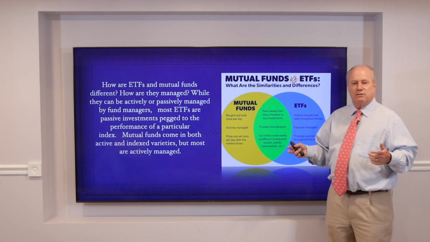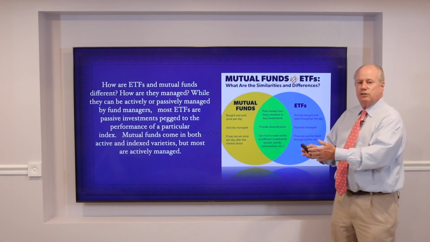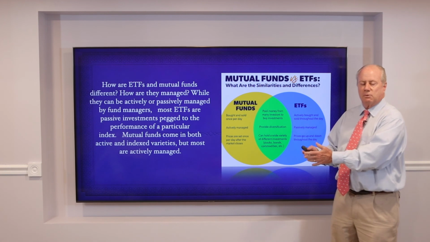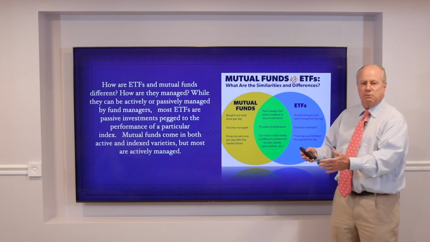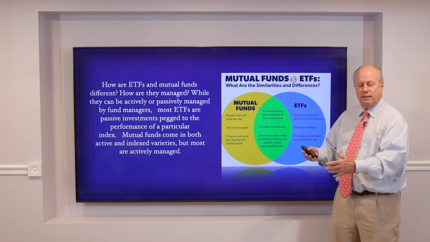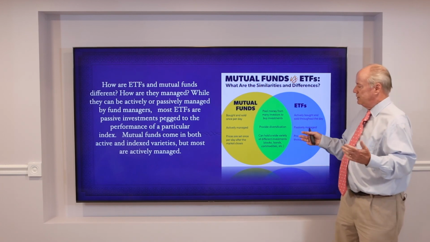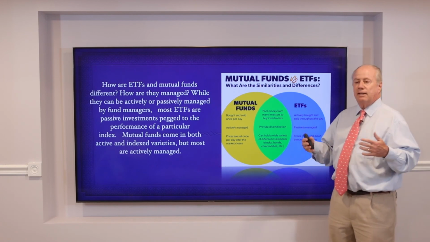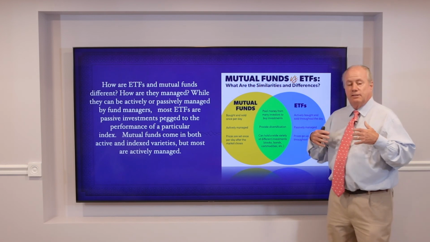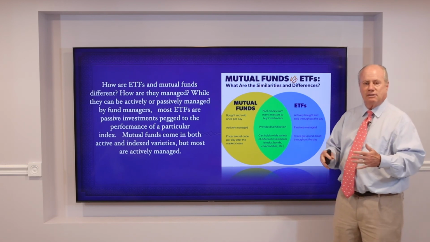Both provide diversification. So when you're in an exchange-traded fund, you have a bunch of stocks within that fund or a bunch of bonds, whatever it is, a bunch of commodities. And the same thing for mutual funds. They both do the same thing, and they can do it with different investments, different investment styles, that sort of thing.